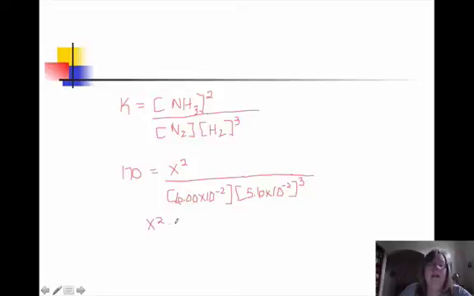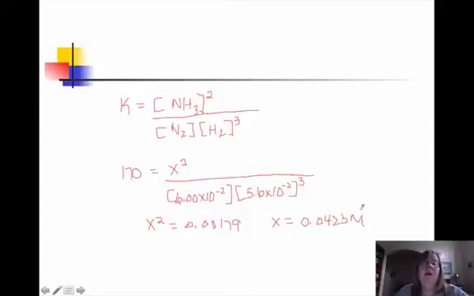And so when you do that on your calculator, I would stop the video and make sure that you're getting the answers that I'm getting, to make sure that you're inputting all of this into your calculator correctly. When I do that, X squared is 0.00179. And then the value for X, which is the ammonia concentration at equilibrium, is 0.0423 molar.